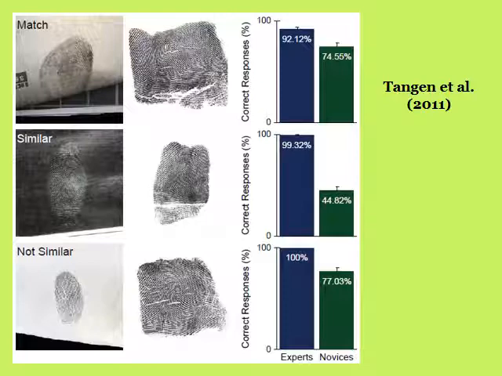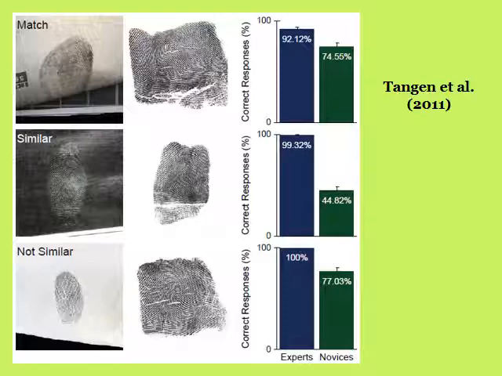So the blue bars represent experts' accuracy rates, and the green bars represent novices' accuracy rates. And what happened in this study is they gave the participants, whether they were experts or novices, two pairs of fingerprints to compare, some of which actually matched, some of which didn't actually match.